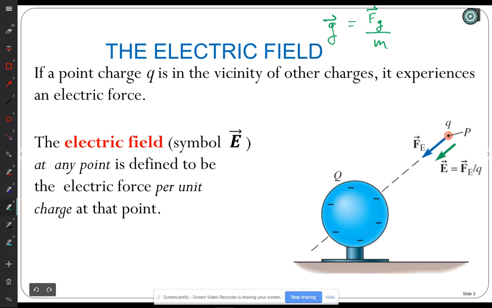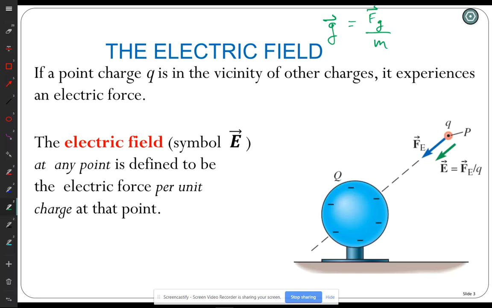The force of gravity is determined by the product of the masses between two objects. And so if I want to find the force of gravity on my body, I'm going to take g, my gravitational force field, and multiply it by the mass of my body, because mass is what the force depends on. So the definition of the force field is the force divided by the important parameter, what we like to call a charge, that the force depends on.